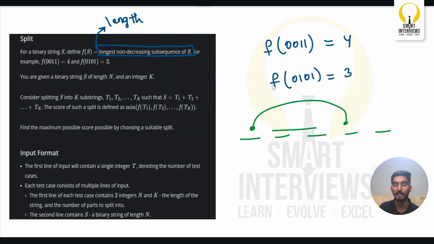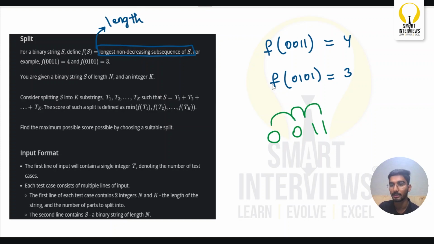Here I can pick all the 4. Even if I pick 0, 0, 1, 1, it is non-decreasing. So I can pick everything, and the length of this longest non-decreasing subsequence is 4, right?